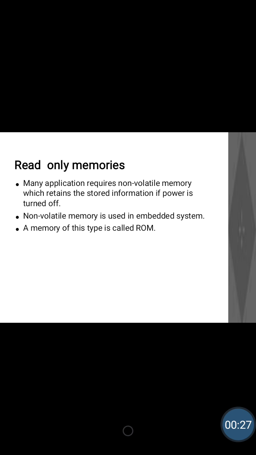Both static and dynamic RAMs are volatile in nature and they lose the information whenever the power is turned off. So, not in all applications can we make use of this type of volatile memory. Many applications require non-volatile memory where the information will be stored even if the power is turned off.